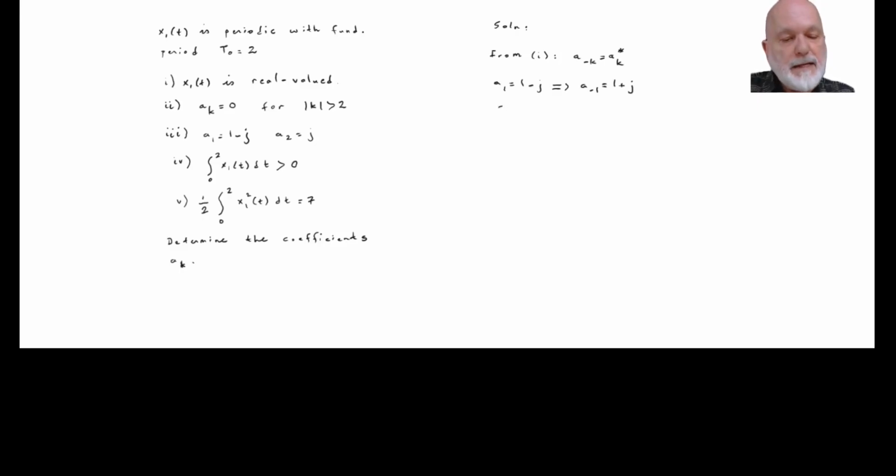And similarly, a2 is equal to j. So this means that a minus 2 is equal to minus j, the conjugate of a2.